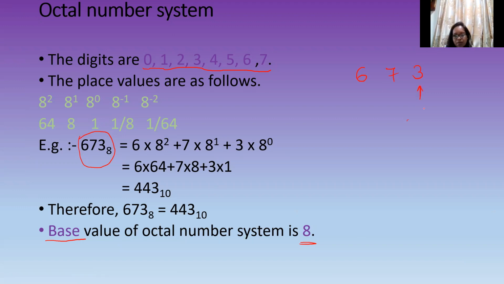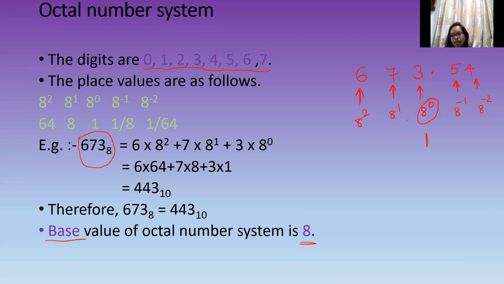Now, if you take this 673, this place is equal to 8 to the power 0. This is 8 to the power 1. This is 8 to the power 2. And if you have some fraction parts, then again you have to do the negative place values this way, right? Again, what about 8 to the power 0? That is 1, right?